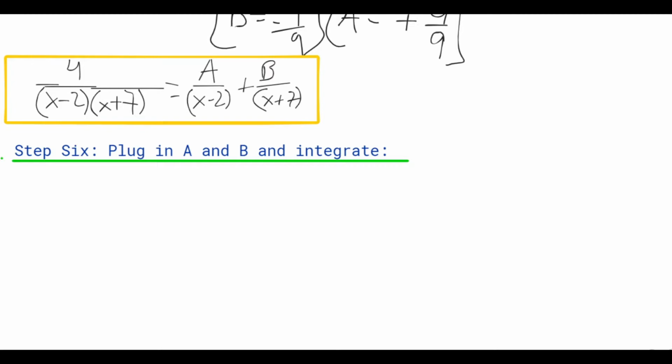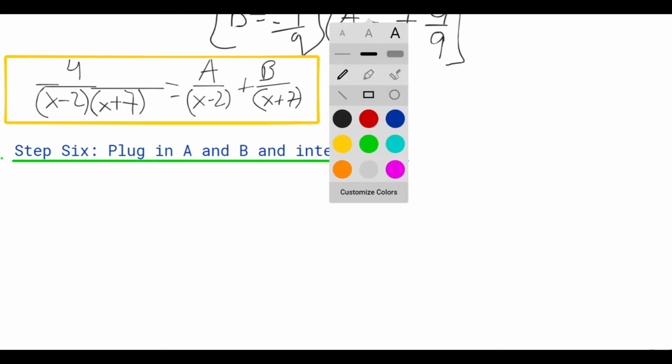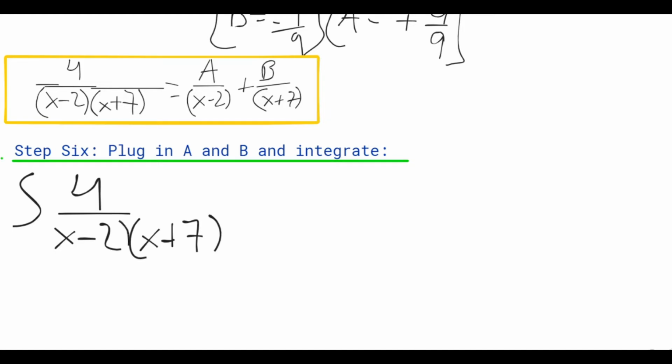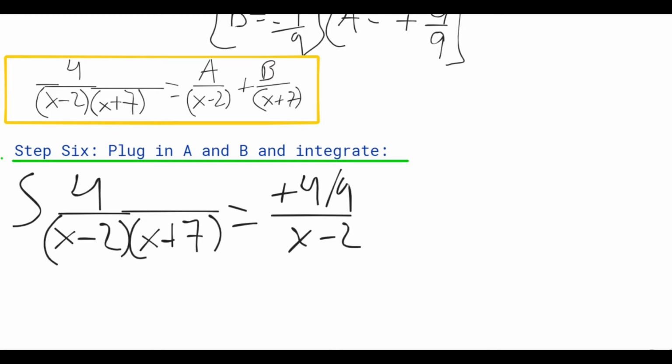So whenever we do this, we plug in a and b. We treat this as an integral now: the integral of 4 divided by x minus 2, x plus 7 is equal to the integral of, a is plus 4 over 9 over x minus 2, plus b.